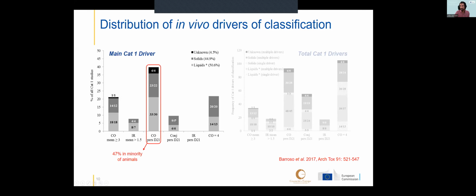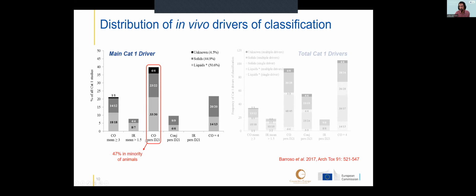Now, what I wanted to say also is that a lot of the persistent effects, for instance, for corneal persistence on day 21, occur in a minority of the animals. So while for severity in days 1 to 3, you need to see effects in the majority of the animals, for persistence, it's enough to have one single animal showing an effect to derive a classification.